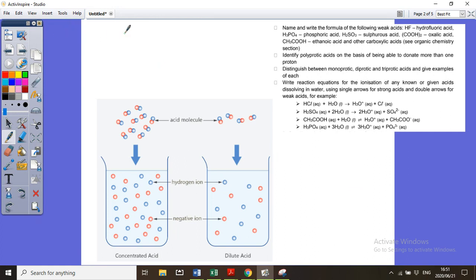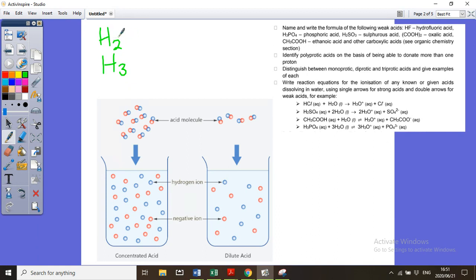Now, for polyprotic acid, what you need to remember is that a polyprotic acid just means that it has more than one hydrogen that it can give us. Polyprotic is anything more than one. When you have two hydrogens, it will be diprotic. When you have three hydrogens, it will be triprotic. One would be monoprotic.